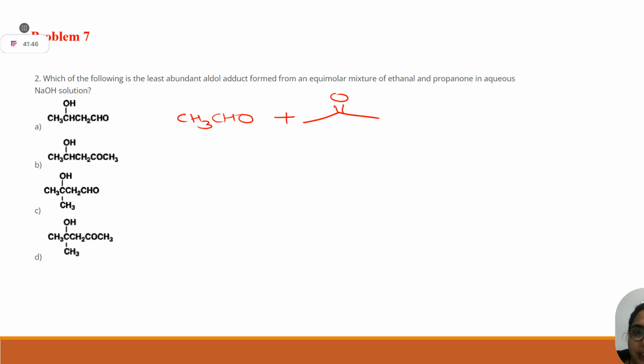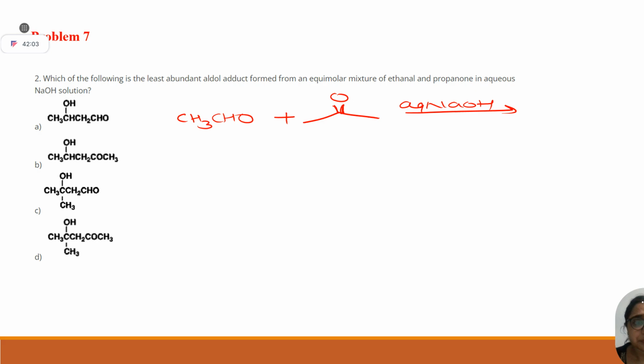What is the common name of propanone, students? Very common. Acetone. This is your simple aldol reaction.